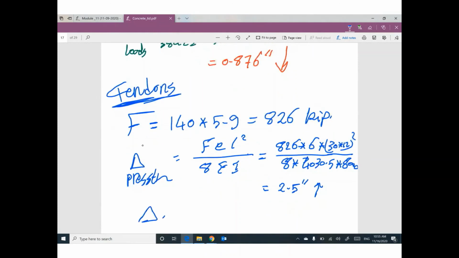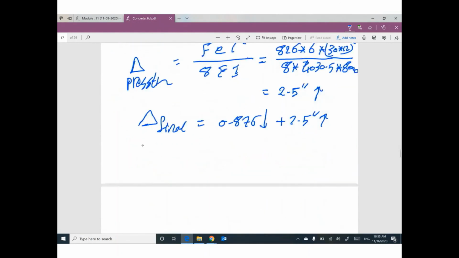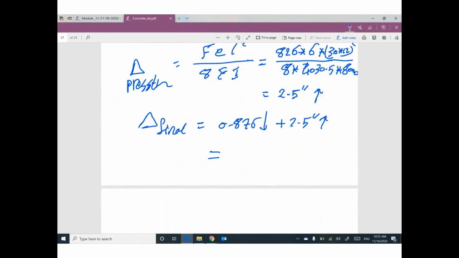So the final deflection equals 0.876 down plus 2.4 inch up. So the final deflection will be 1.61 inch up. I don't care whether the final one is up or down, safe or unsafe. It's not my point right now.